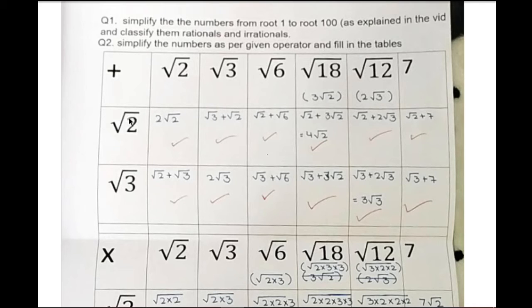So here root 2 is in simplified form, root 3 is simplified, root 6 cannot be simplified further. Although 6 can be prime factorized, there is no point prime factorizing it because the irrational itself cannot be simplified. Root 18 is an irrational which can be simplified to 3 root 2, and root 12 to 2 root 3.